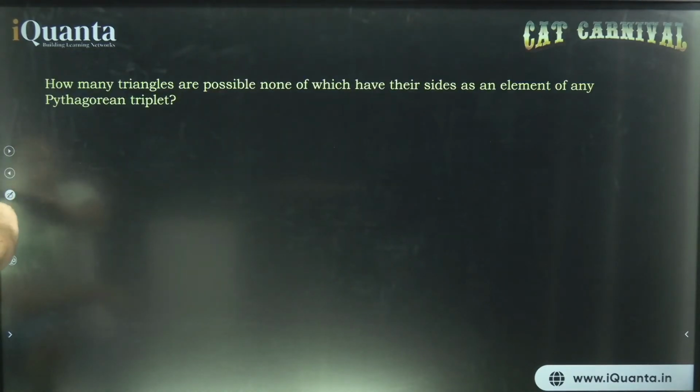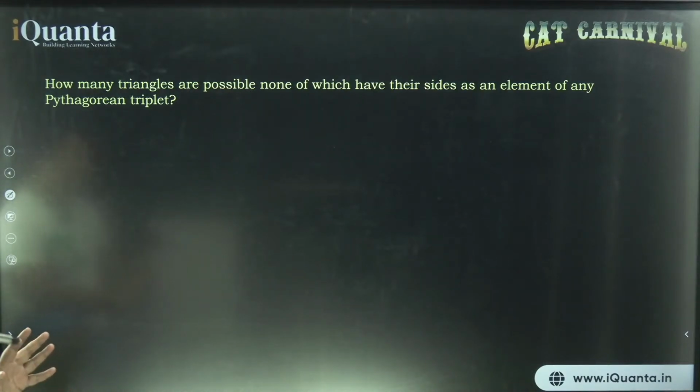And to do that, I'm going to show you a question. And this is the question. How many triangles are possible, none of which have their sides as an element of any Pythagorean triplet? That is the question.